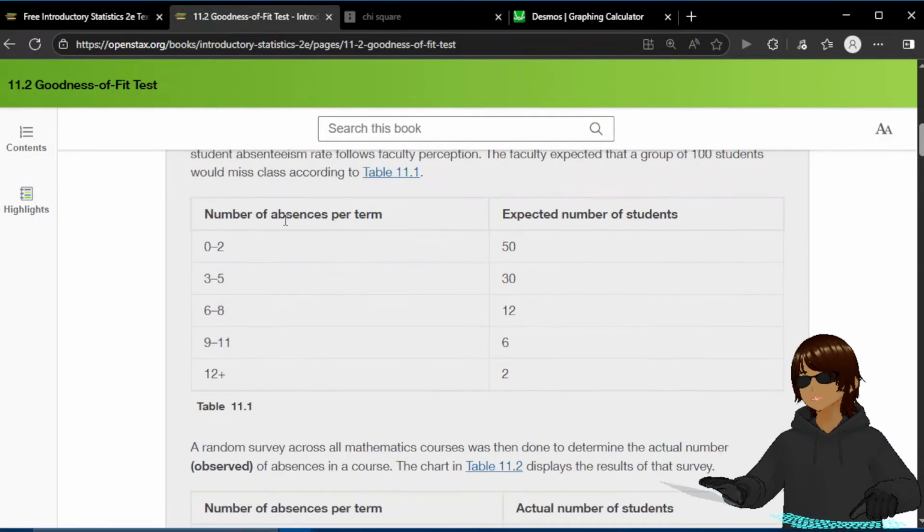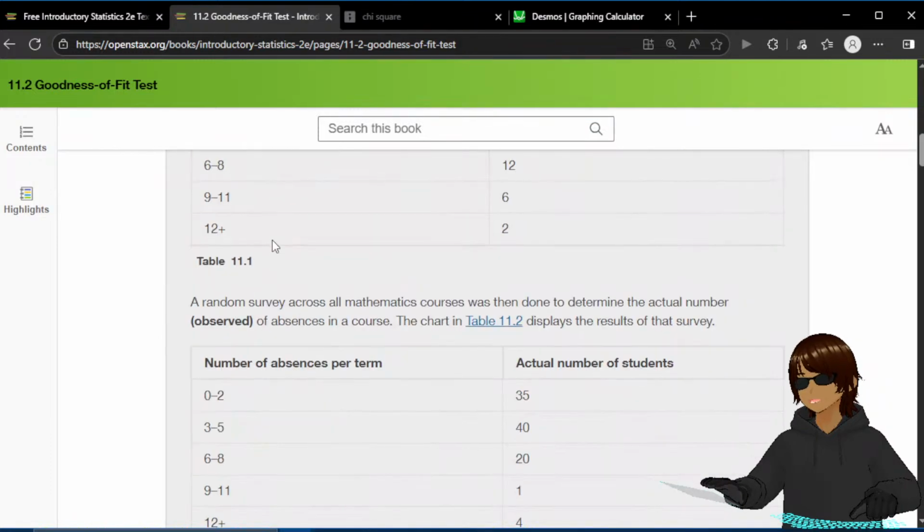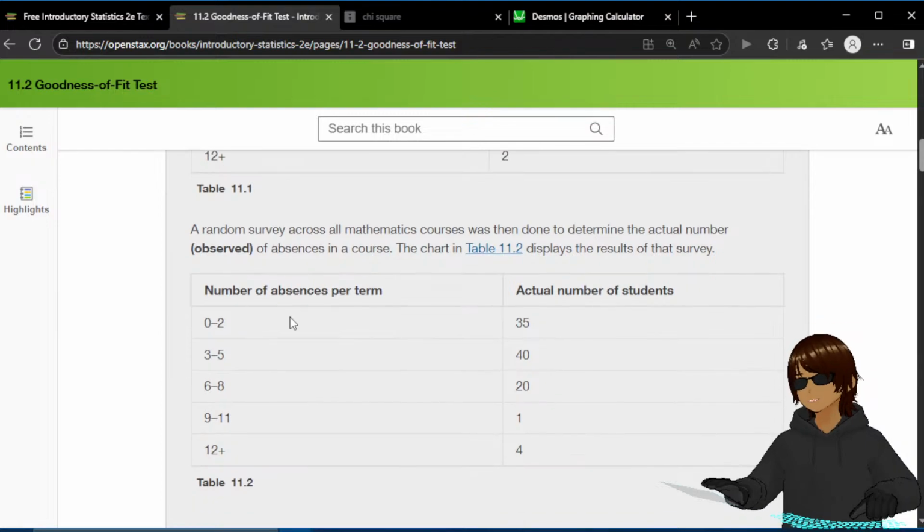Number of absences per term: 0 to 2, 3 to 5, 6 to 8, 9 to 11, 12 plus. Expected number of students: 50, 30, 12, 6, 2. A random survey across all mathematics courses was then done to determine the actual number of absences in the course. The chart in 11.2 displays the results of that survey.